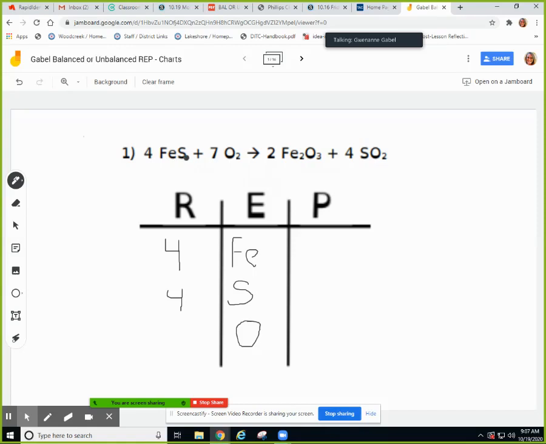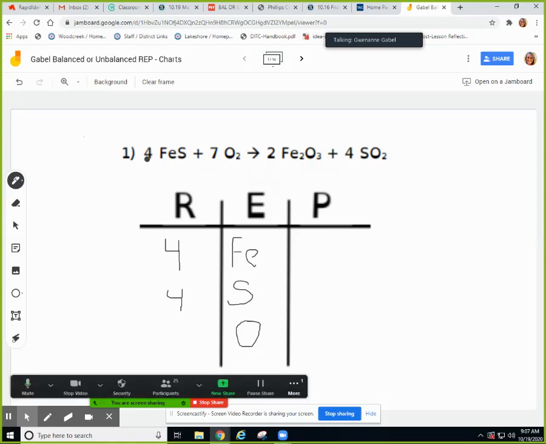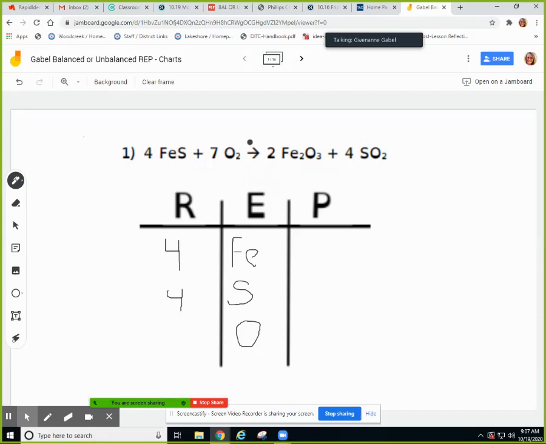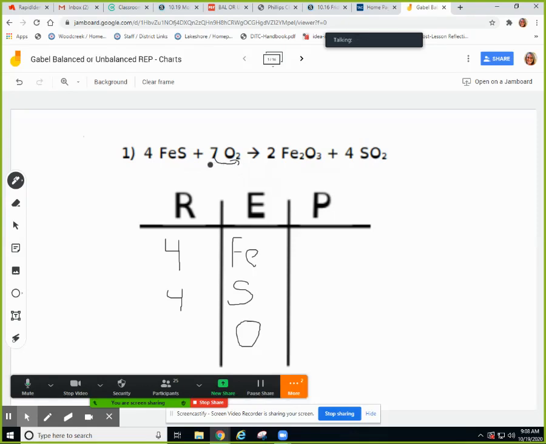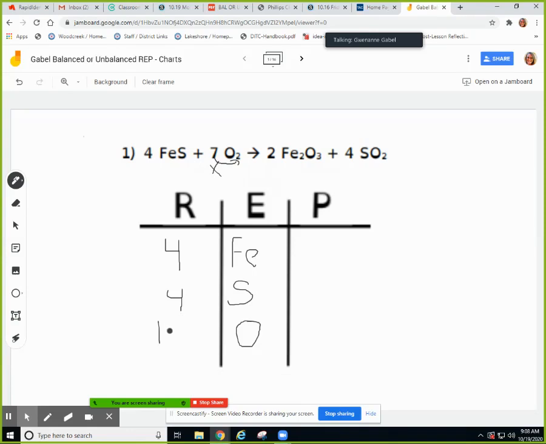Iron and sulfur don't have a subscript, so that means there's 1 atom. So 4 times 1 is 4, 4 times 1 is 4. But with oxygen, we have a coefficient of 7 and a subscript of 2, so you distribute and multiply. That means I have 14 atoms of oxygen.